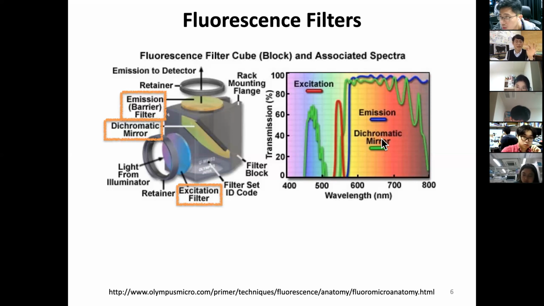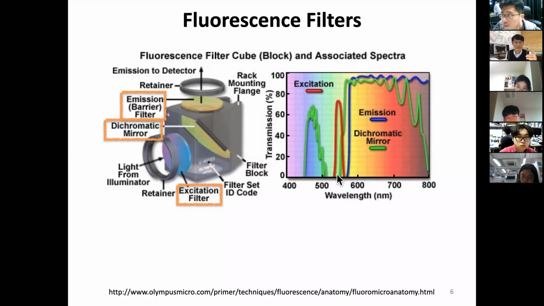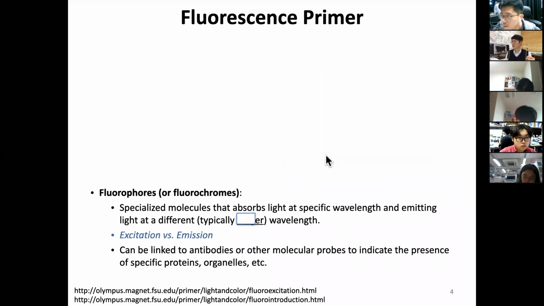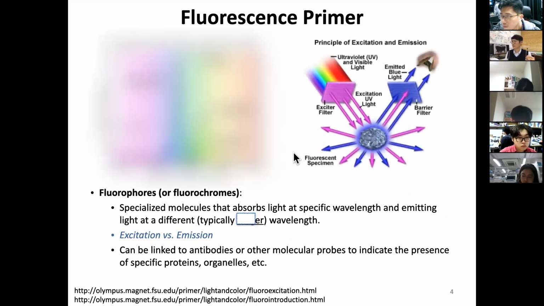What does that mean? It's different. Why? If the transmission is low, it doesn't block the light, it becomes a mirror. So this is a reflection for this green dichroic mirror. So this is reflection, it's not absorption or blocking. So that's the difference.